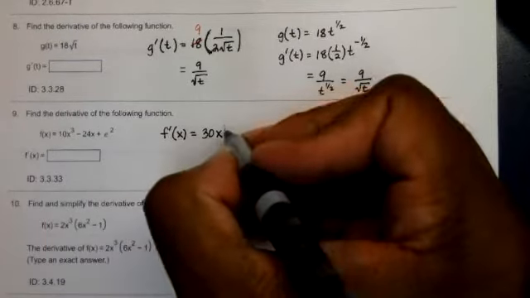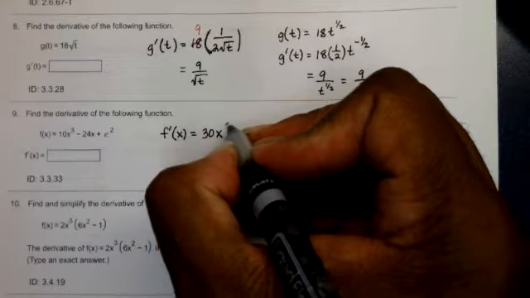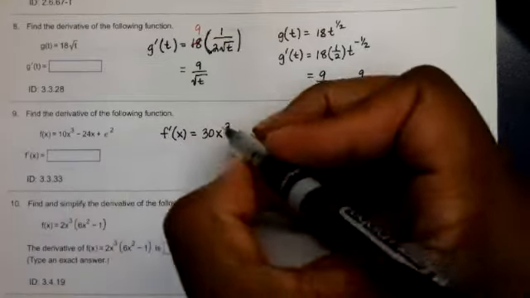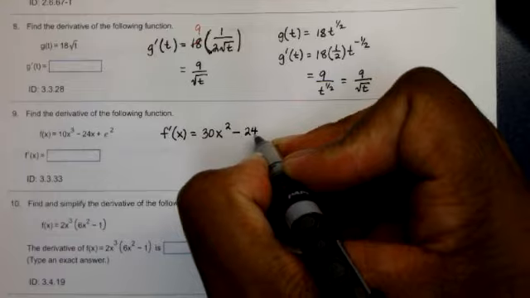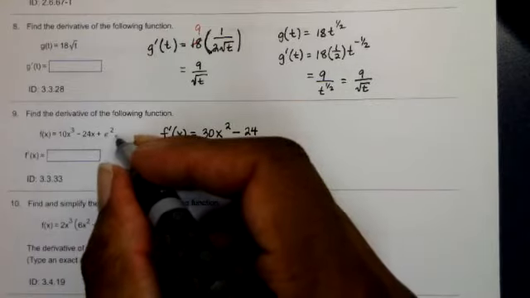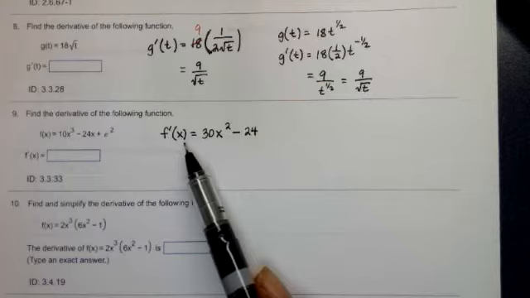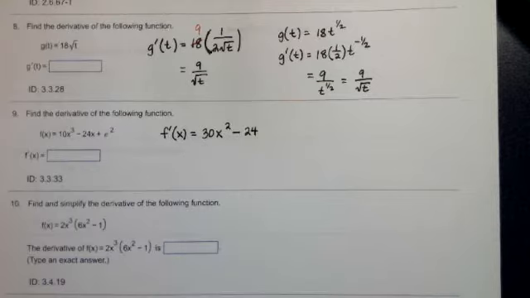Copy the x over to the 1 less power, 3 minus 1 will be 2. Minus the derivative of 24x, which would just be 24. But e to the second is actually a constant, and the derivative of a constant is 0. So that means that f prime of x would end up being 30x squared minus 24. And I will go no further than that.